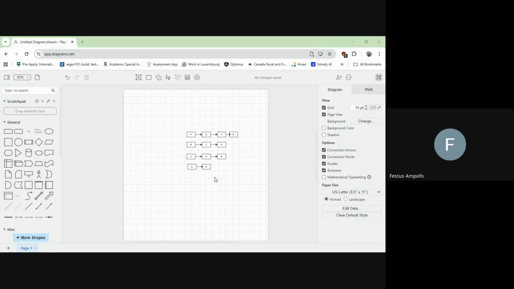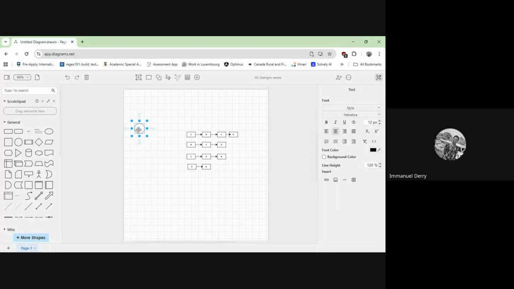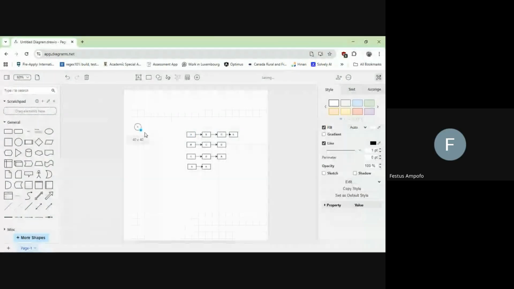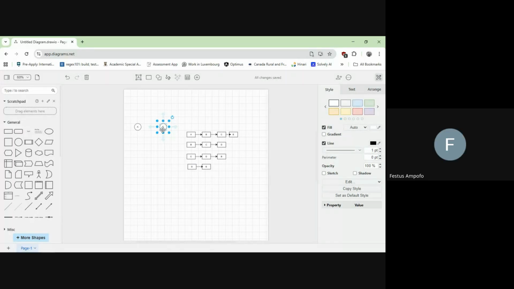Okay, so with the graph, this is how I did mine. I had A. And I have the C on the right of A, more like this. Okay, and then E beneath the A, E down here.